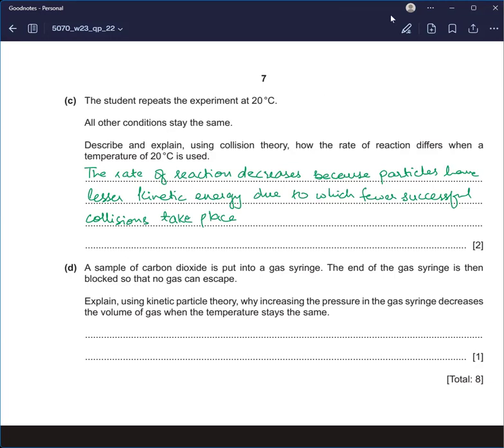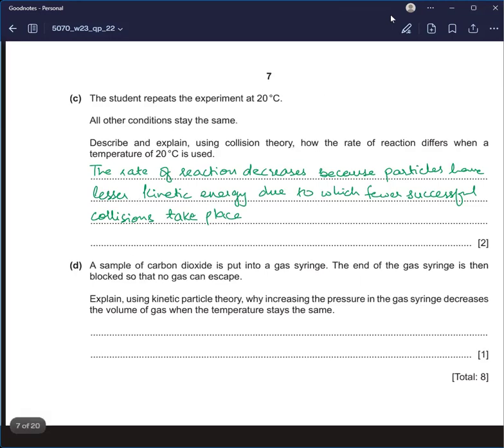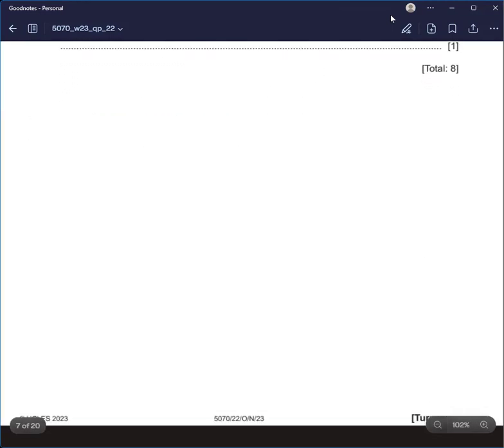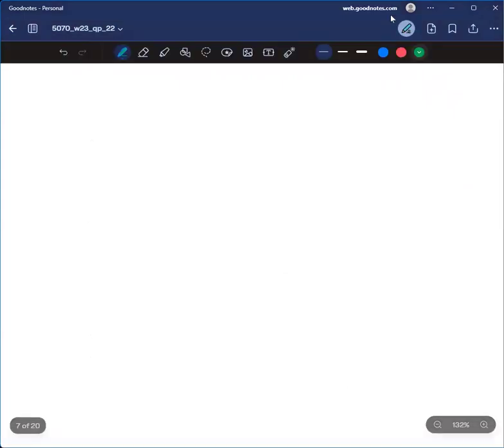Basically, let me diagrammatically explain to you. For example, let's suppose a gas syringe here. You can draw the gas syringe first.